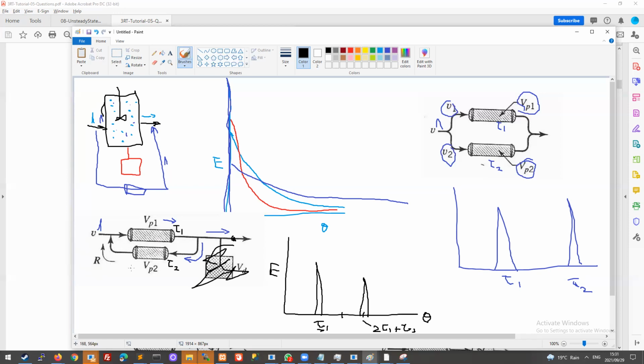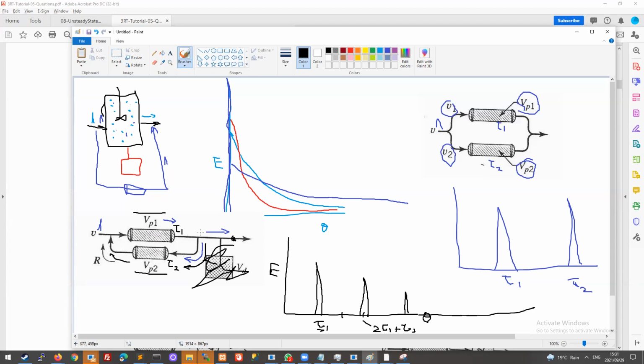When that plug reaches here, that's the second peak we are seeing. However, some of that has also split down here again. So you get another peak that comes through, which will also be delayed by tau 2 and another tau 1 before it appears here. So we get another peak here at 3 tau 1 plus 2 tau 2.